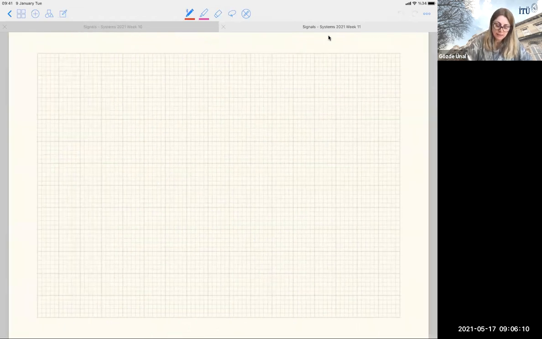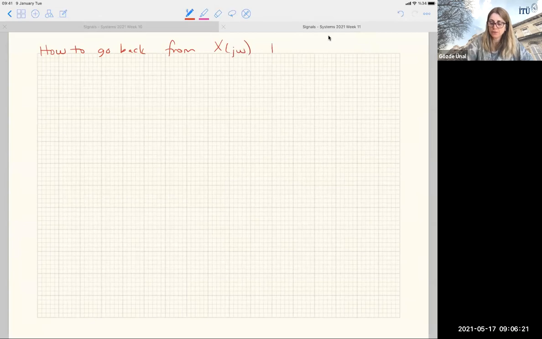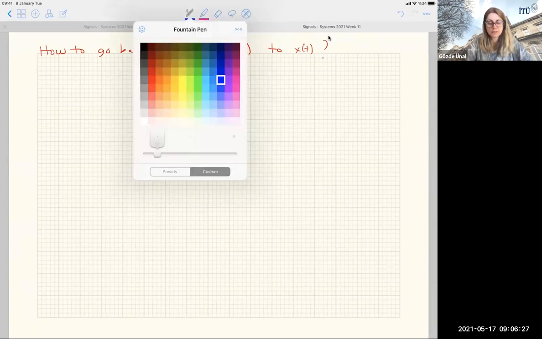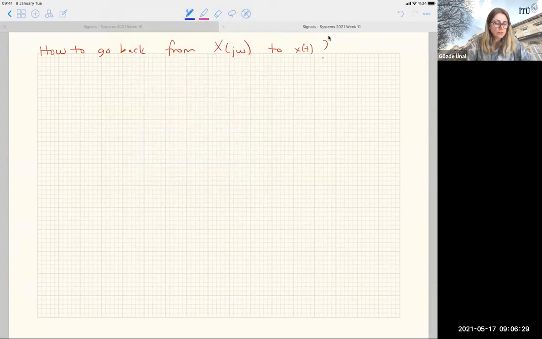Now, how to go back from X of j omega to x of t? This is what we want, the inverse Fourier transform. Because we should really be able to go back and forth.